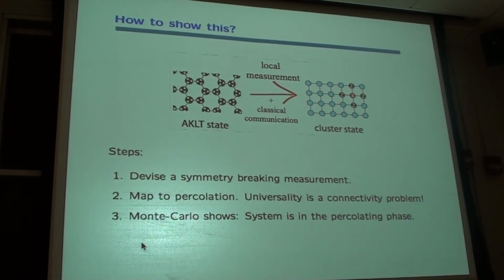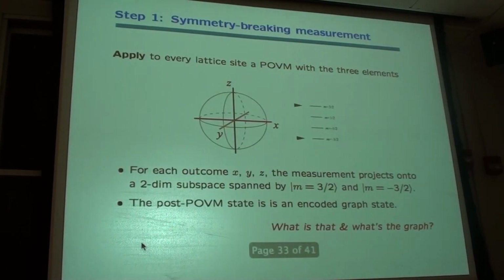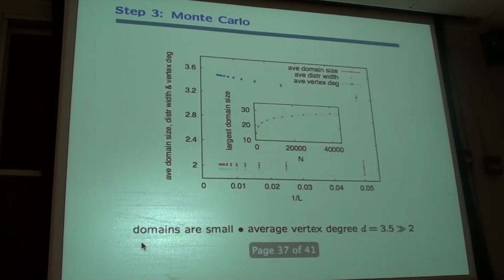But what you want to do is find local measurements, which you have in your repertoire, and convert this state into a cluster state, which you already know is universal. That's the way of going forward. It's a somewhat long-winding but interesting proof, but let me not go into it.